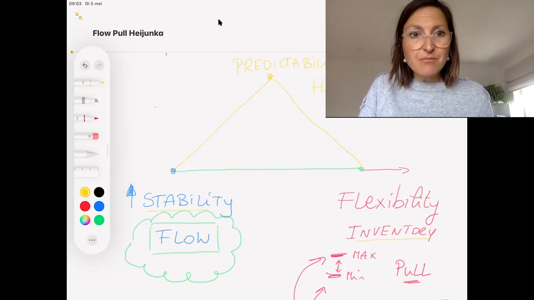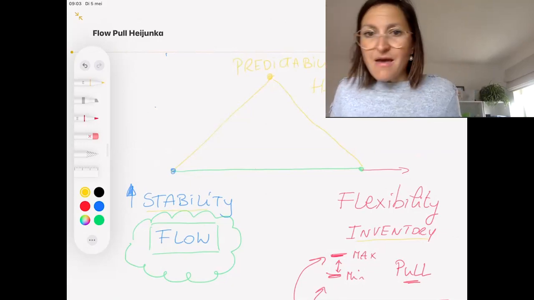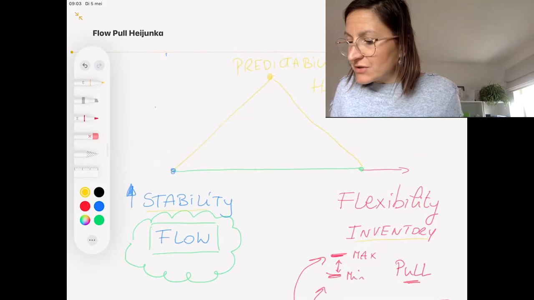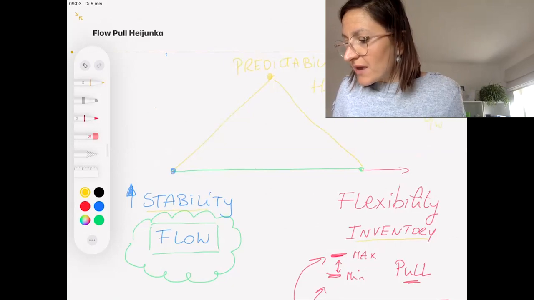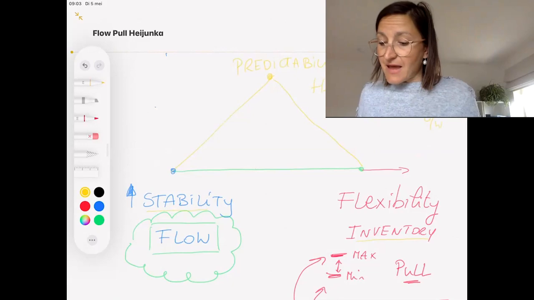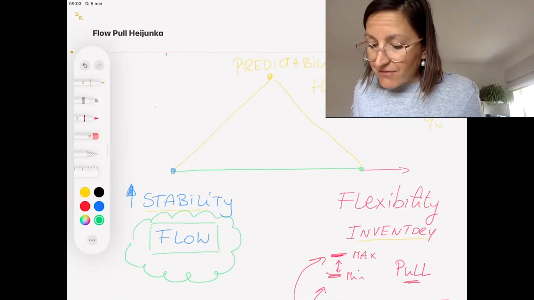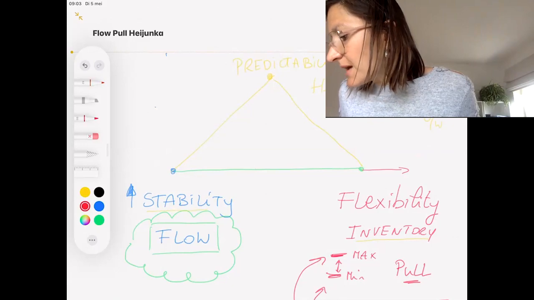So you would not go one week to 10 machines per week, and then the next week you would have 0 per week, and then again you would have these peaks, ups and downs. You would actually level them out and say, I fix myself.